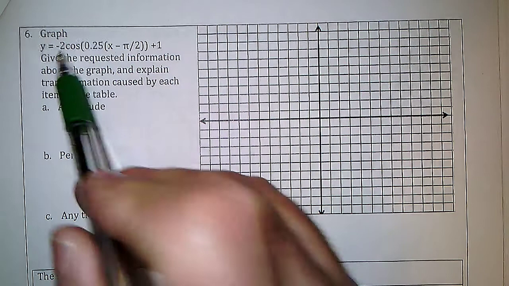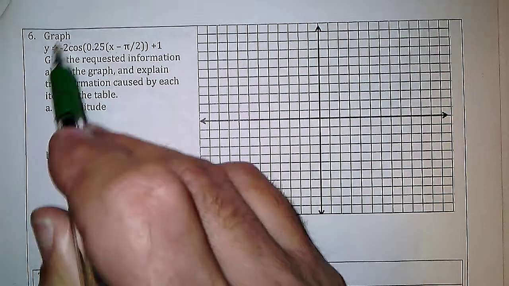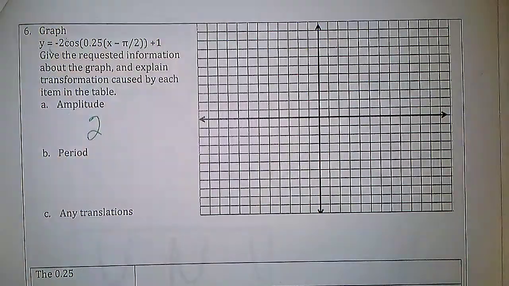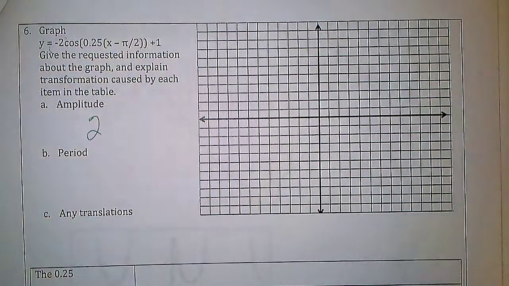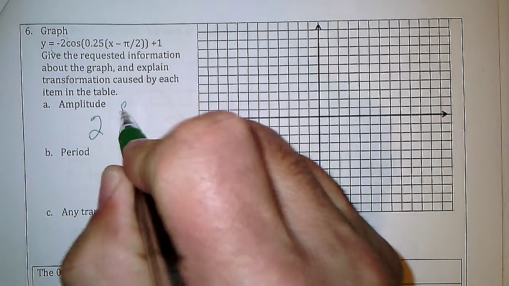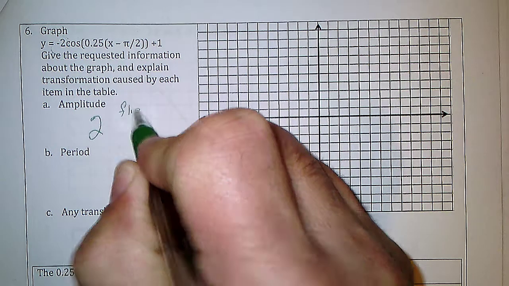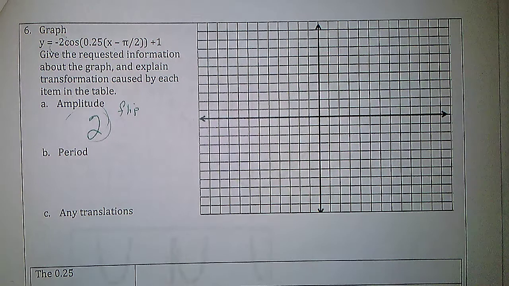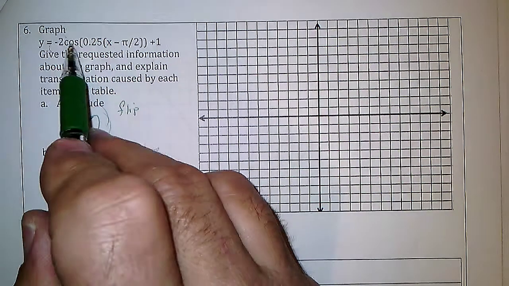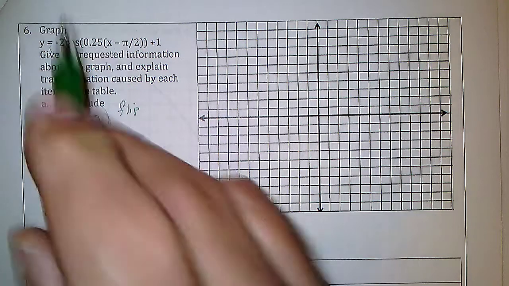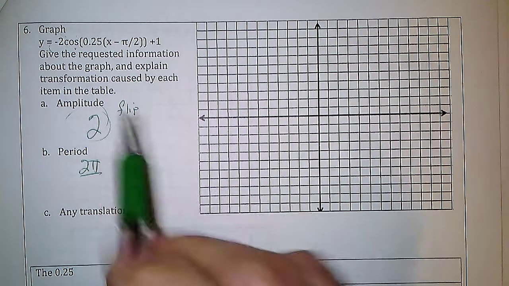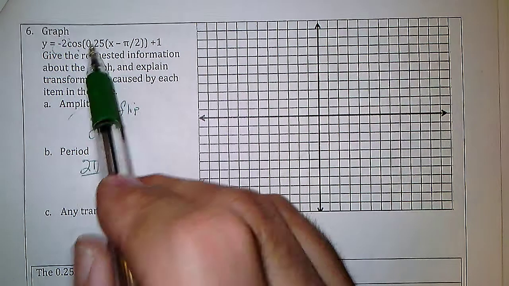So the amplitude is the absolute value of the thing times the function. So it's 2, not negative 2. Now the negative makes it flipped, and some people wrote that up here, and that's okay, but the amplitude is 2. Period. Cosine's normal period, and you divide it by what's times the x.